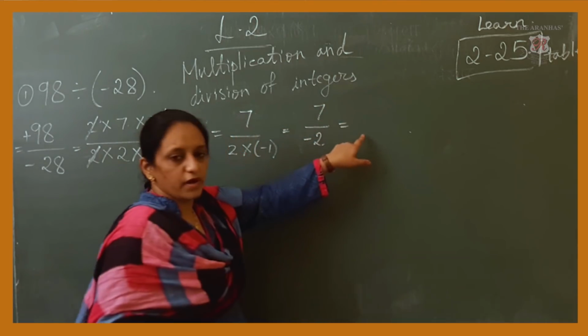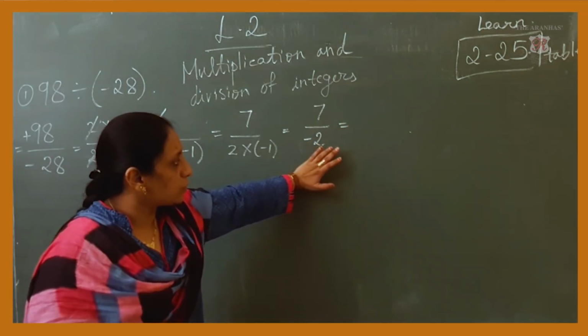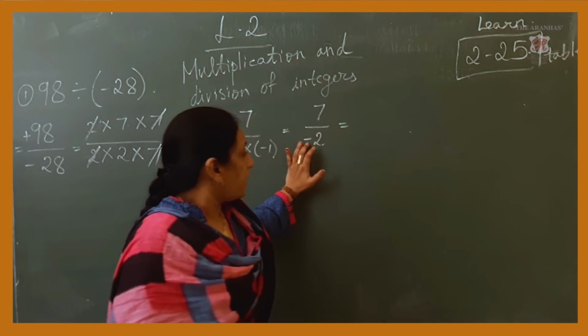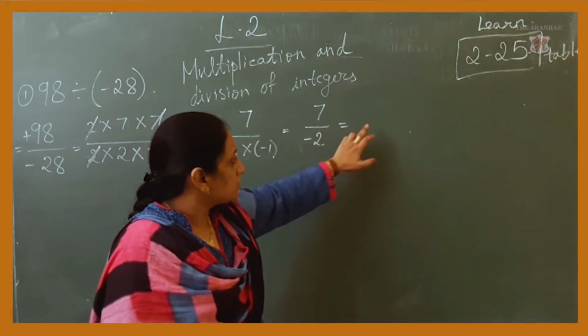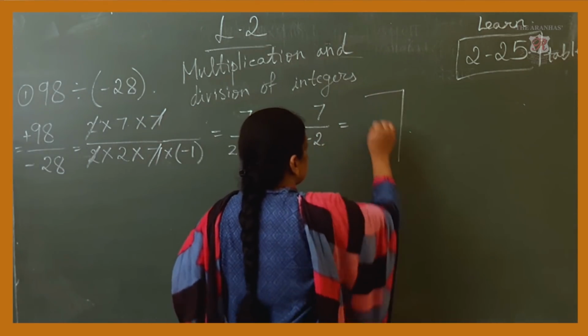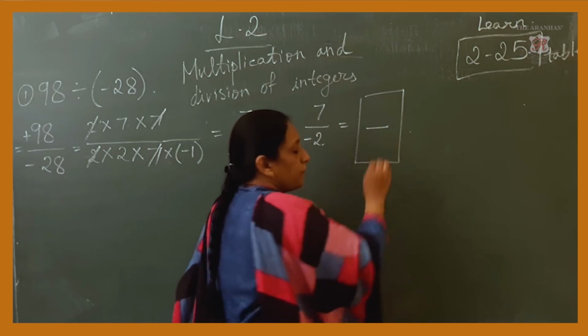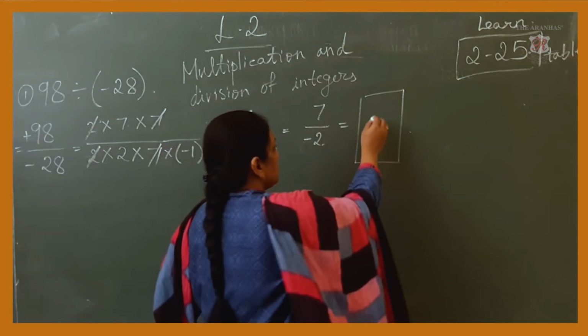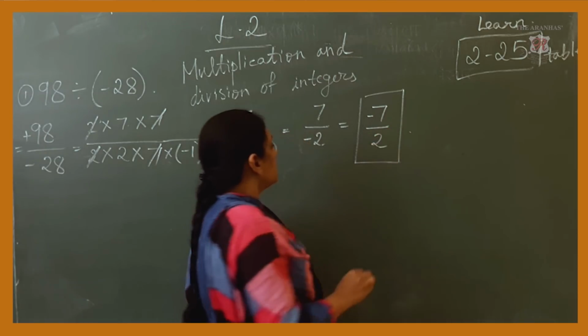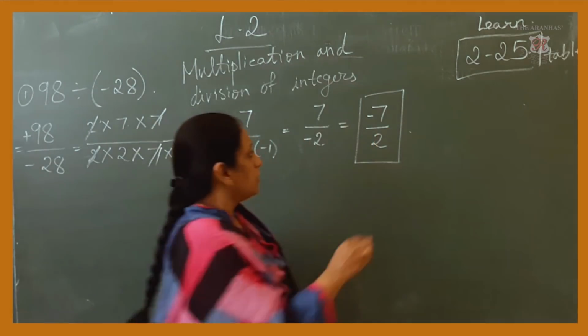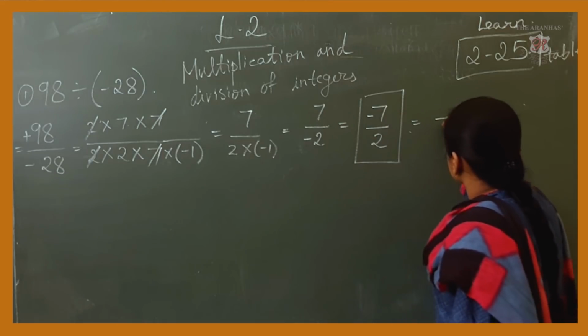But while writing the final answer, the rule of mathematics is that the minus sign is never given in the denominator. Always in the final answer, in the last answer, the minus sign should be seen in the numerator. So it becomes minus 7 upon 2. This minus sign is shifted to the numerator. You can write it like this or like this.